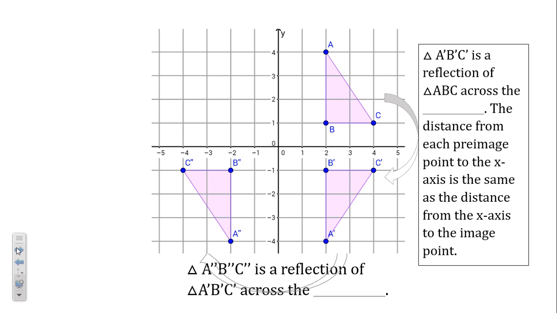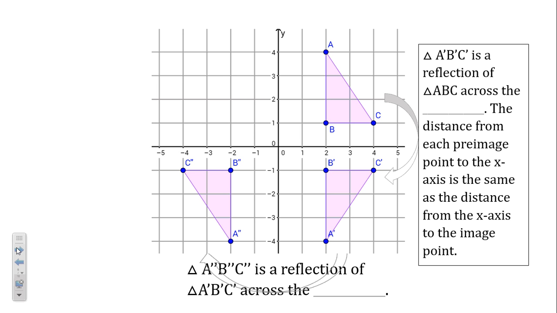So reflected across the x-axis. And the distance from each pre-image point to the x-axis is the same as the distance from the x-axis to the image point. So notice that C is one step away from the x-axis. So C prime is one step away, as is B and B prime. But notice that A is up here 4 steps away from the x-axis. So A prime will be 4 steps away from the x-axis on the opposite side. Okay?